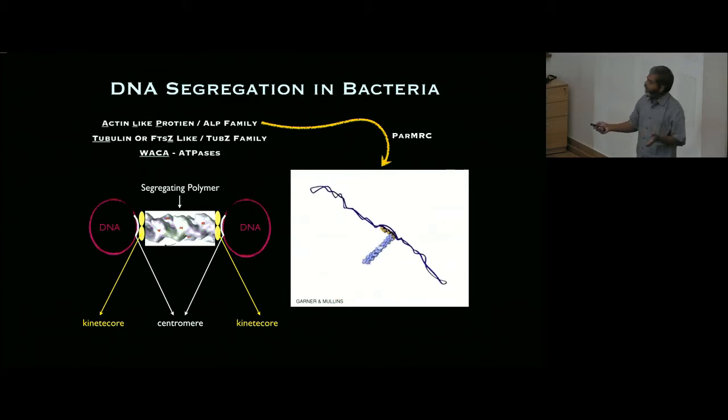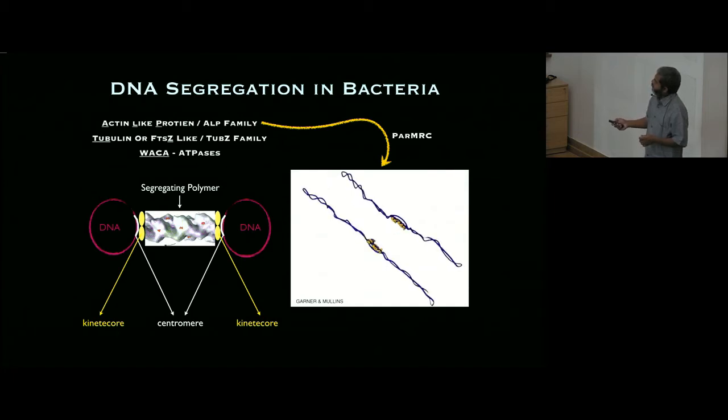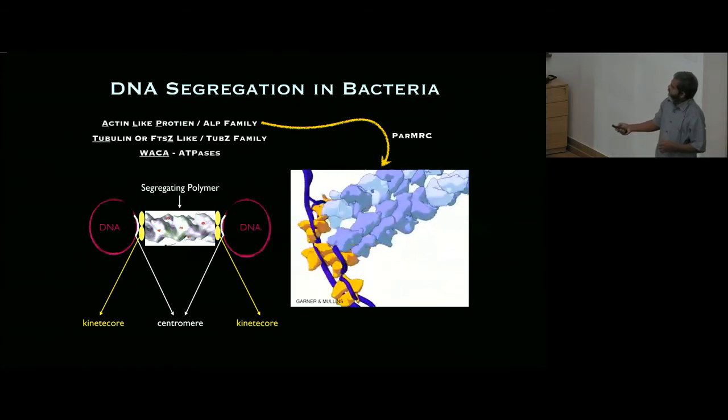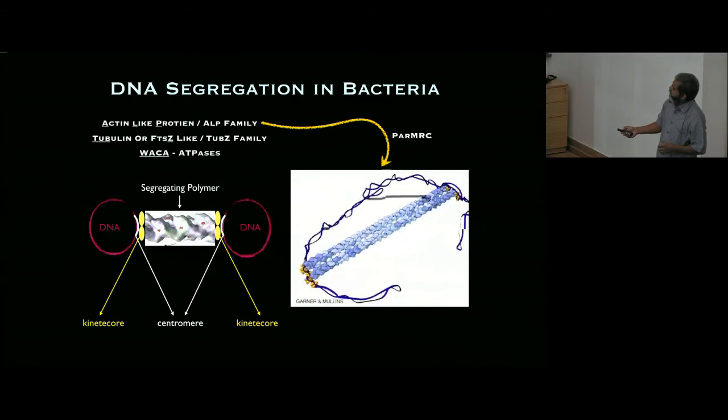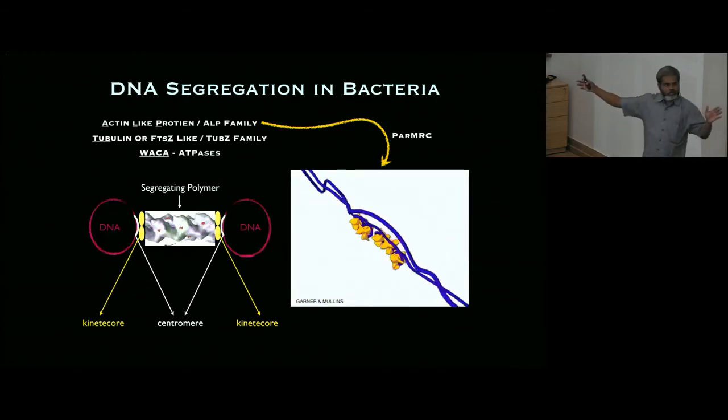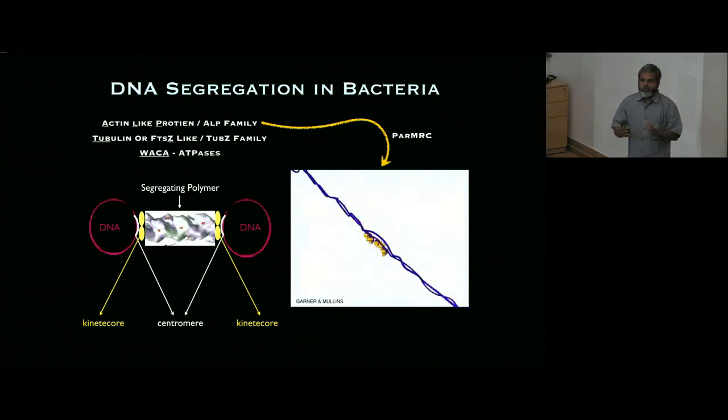This is the dynamic instability that I talked about for microtubules, but this is an actin, and it still does the same thing. But as soon as you have 2 plasmids, that is the replicated plasmids, the end gets stabilized, and through insertional polymerization at this end, the filaments just grow. As they grow, they push the plasmids apart, and the cell divides in the middle, ensuring that the plasmids are transferred to both daughter cells.